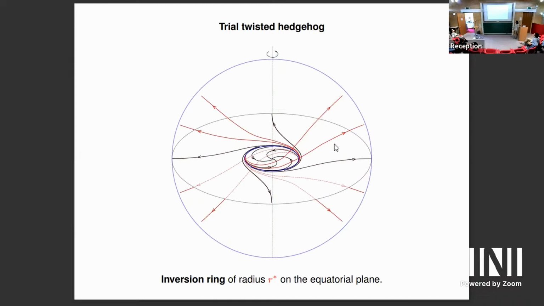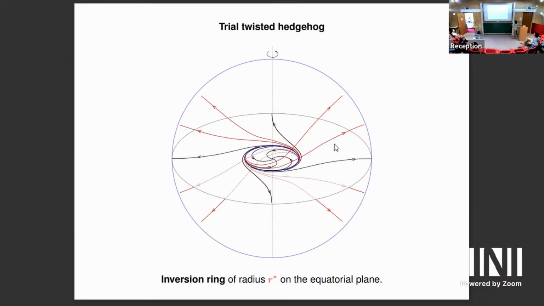It is called an inversion ring because it separates two opposite spiraling regimes. Here the integral lines seem to coalesce in the ring, which looks like a discontinuity, but it is instead regular since there is no discontinuity of the director field.